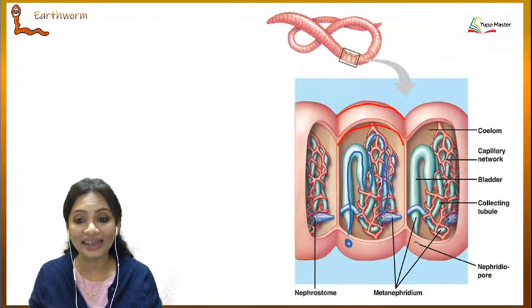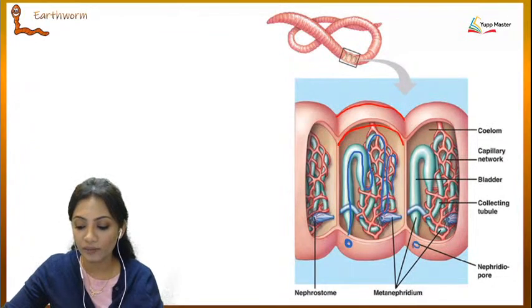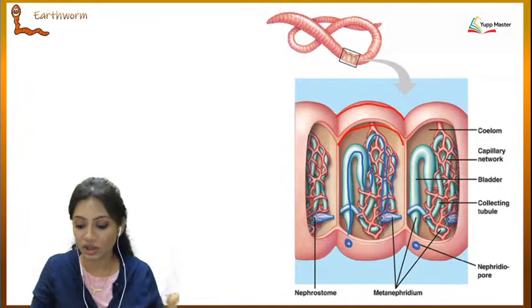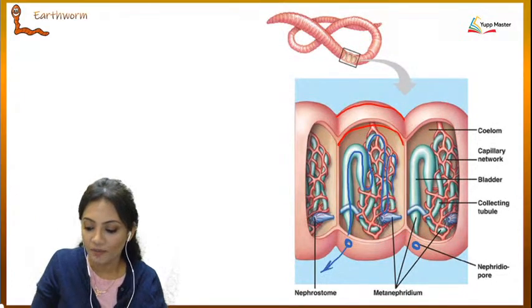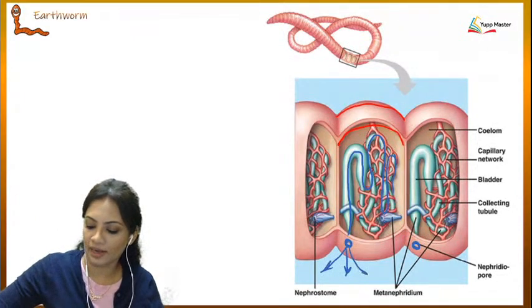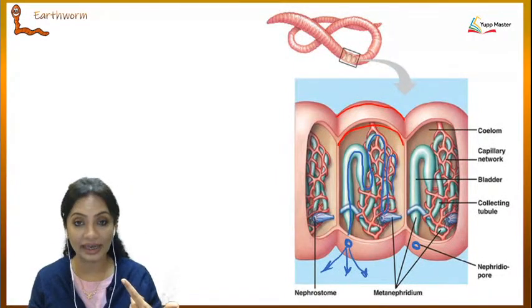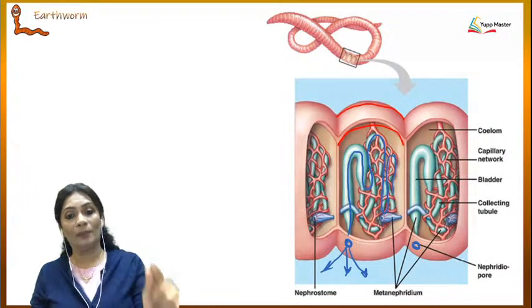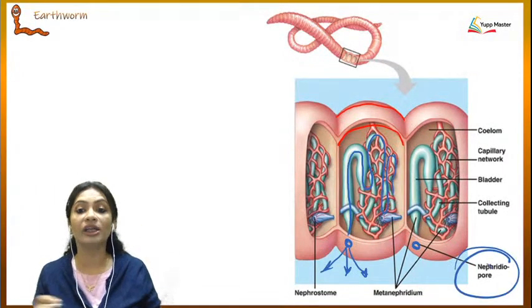That is a nephridiopore, and all the excretory waste will be thrown to the exterior through the body surface, through that one opening, which is called the nephridiopore.